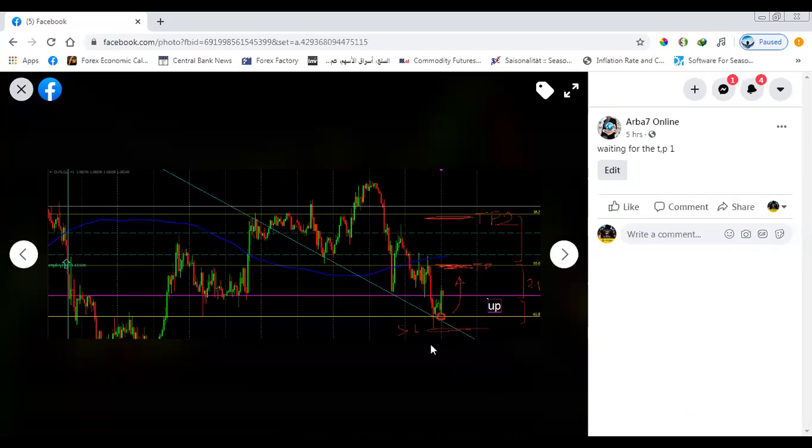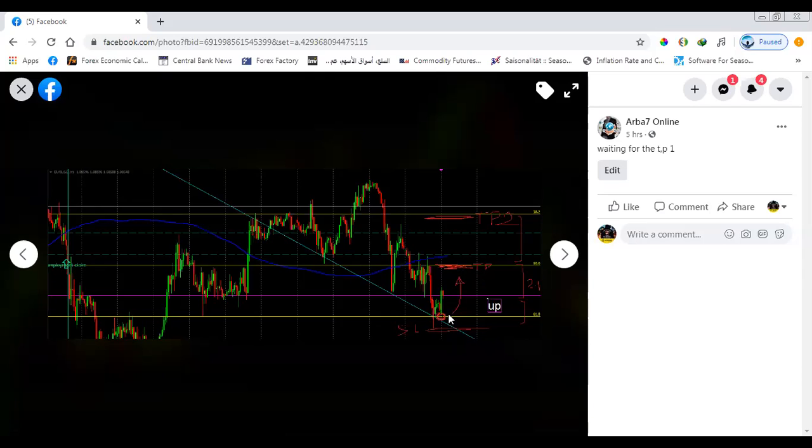I work a lot with some indicators, and expecting the euro dollar, especially this time, is really hard, really hard to expect any bears this week. But I was expecting, because when I have a high expectation for the price, I always put it on my group on Facebook, so my friends can use it. It's for free, by the way. I don't take anything for it.